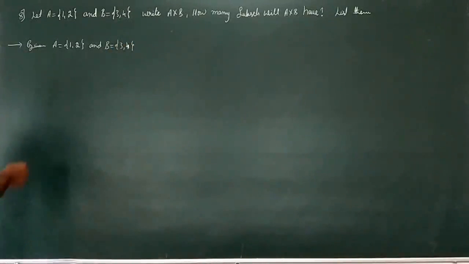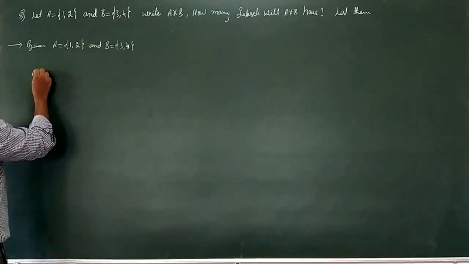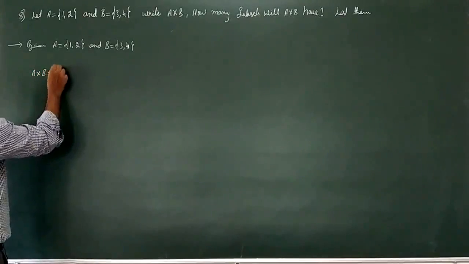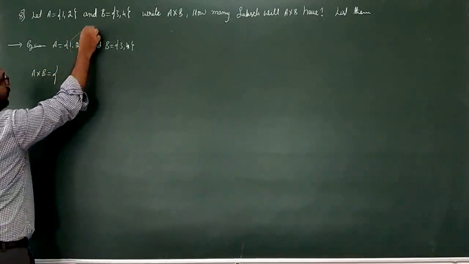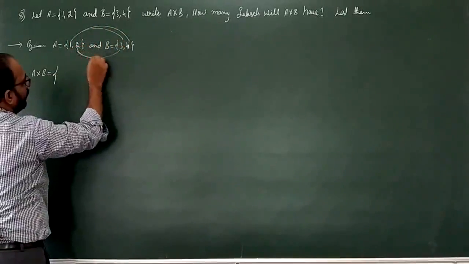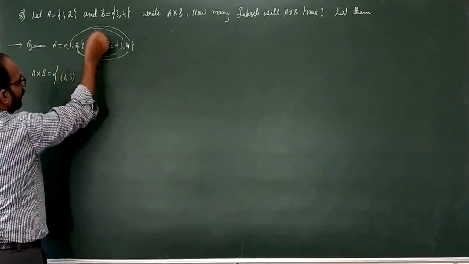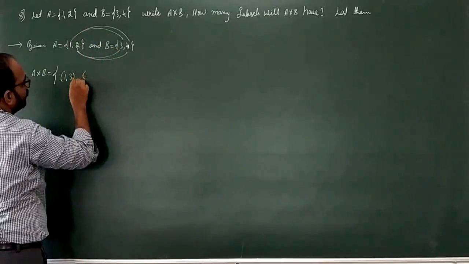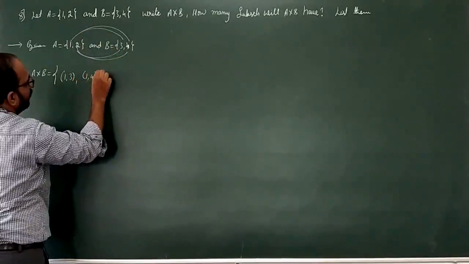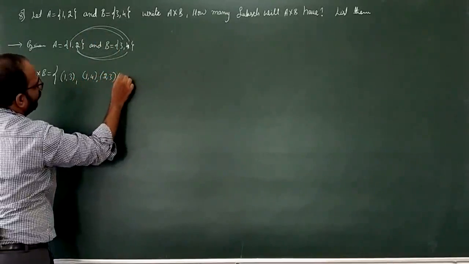Then the Cartesian product of A and B is equal to, how do I write it, (1,3), (1,4), (2,3), (2,4).